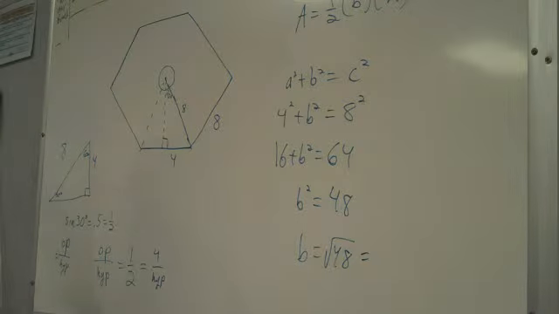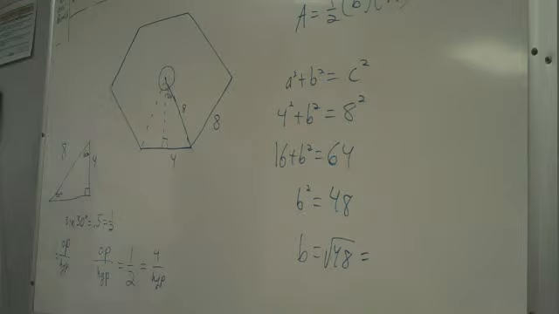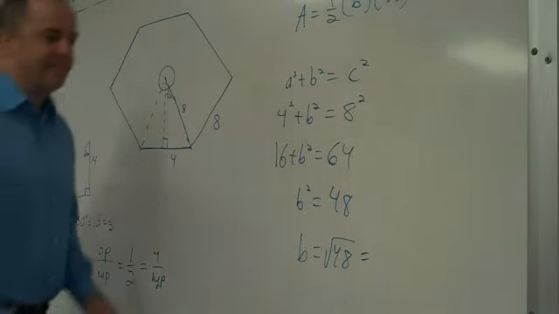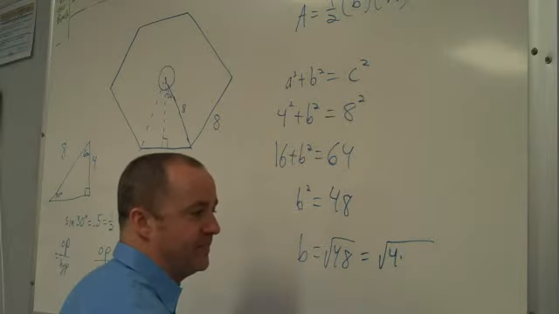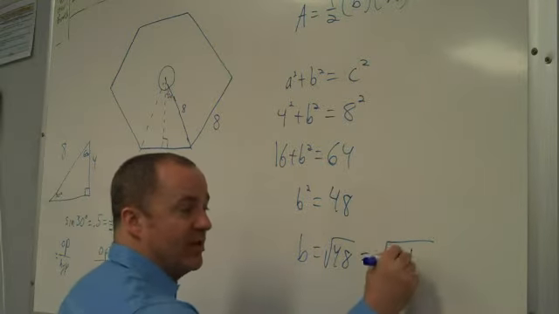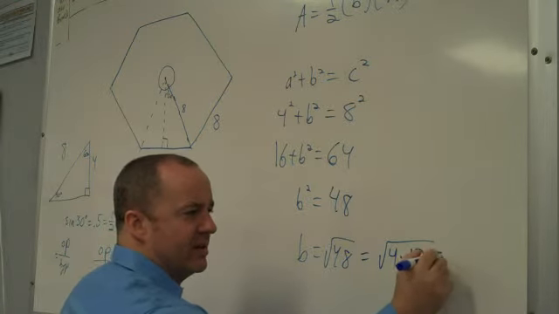Are there any square roots in 48? I don't want to do it without a calculator right now. I'm still in without a calculator. Okay, 48 breaks down to 4 times what? 12. Does 12 break down further? Yeah, 3 times 4.